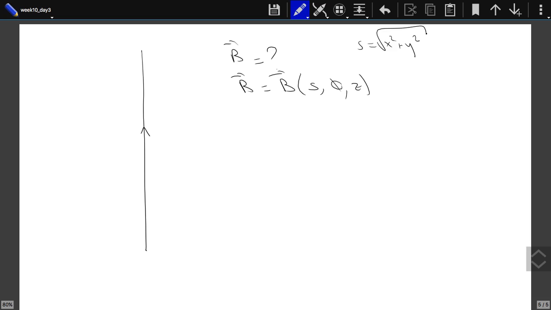So this rotational symmetry around this infinite line tells me that B doesn't depend on phi. At least the magnitude cannot depend on phi. This is due to rotational symmetry.